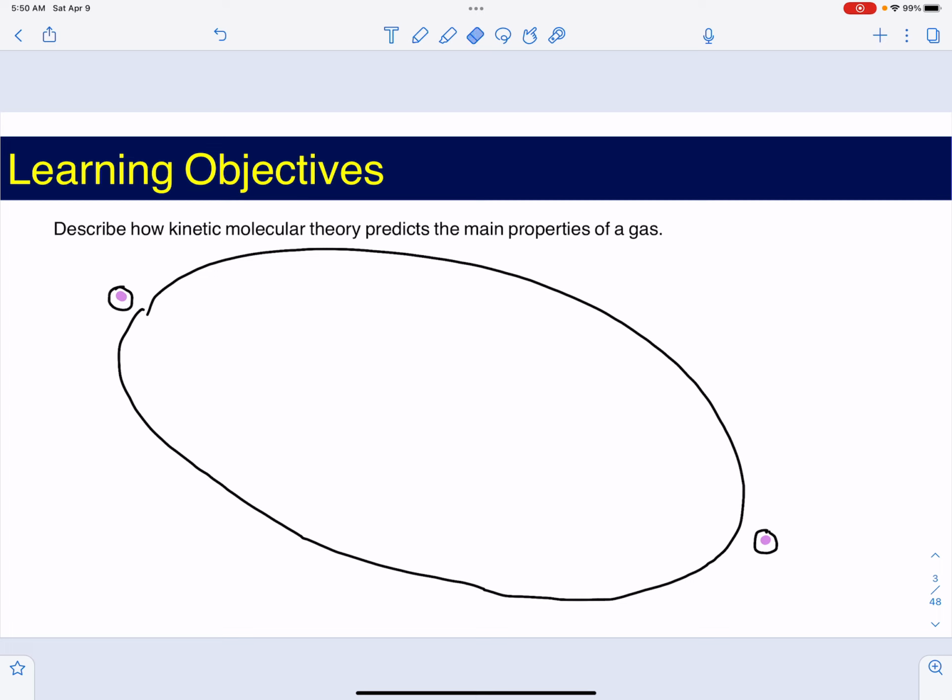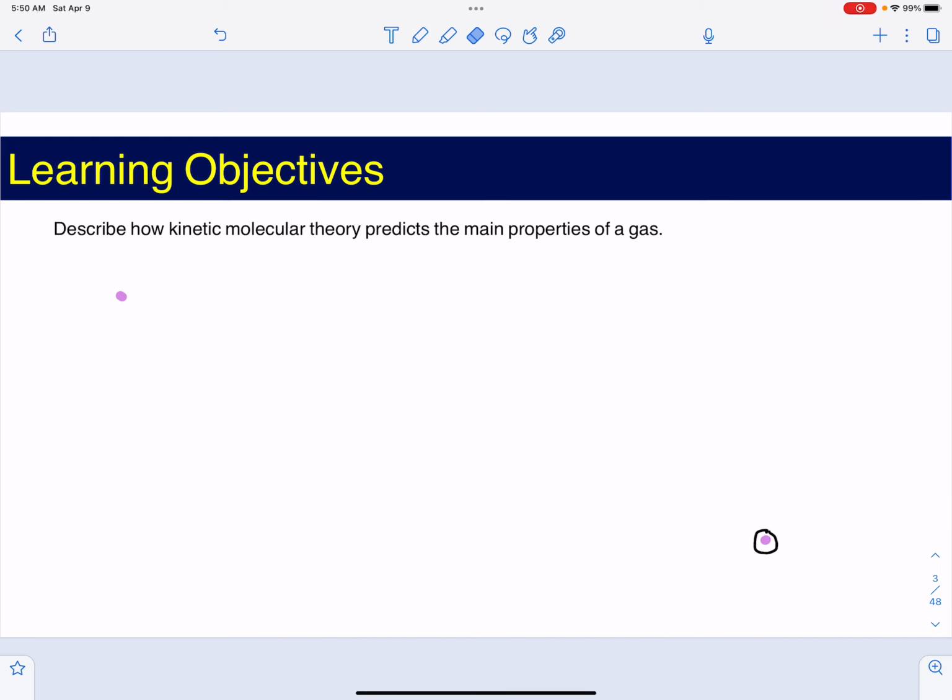The size of the particle itself is super small compared to the empty space between them. Because of that, those particles will rarely interact with each other because they will never see each other.